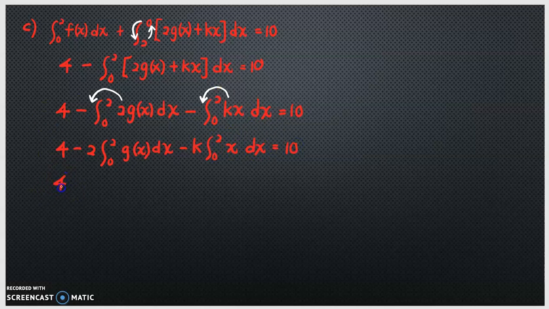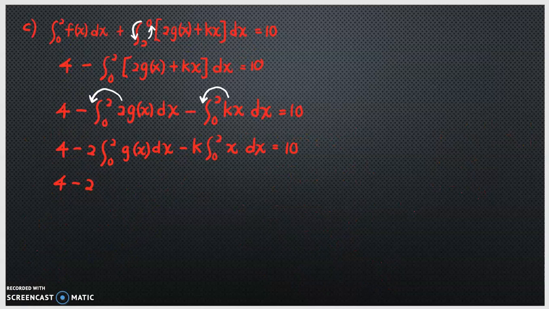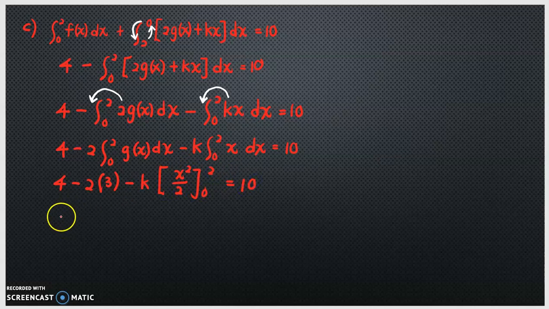So here is 4 minus 2 integration of g(x) from 0 to 2. Integration of g(x) from 0 to 2, the value is 3. So here we will multiply by 3. Minus k. Then we will integrate this part. So integrate x, I should get x squared over 2 from 0 to 2, and this is equals to 10. So 4 minus 6 minus k.